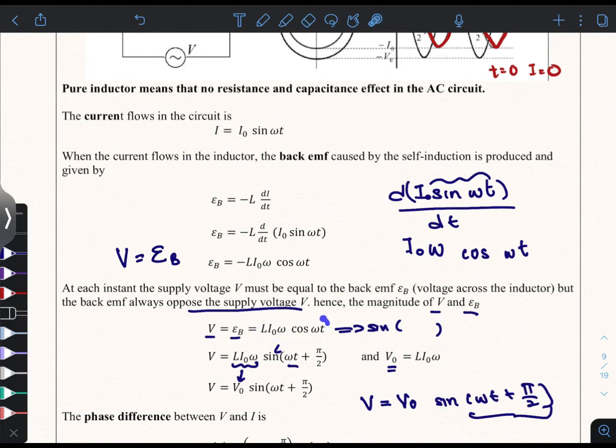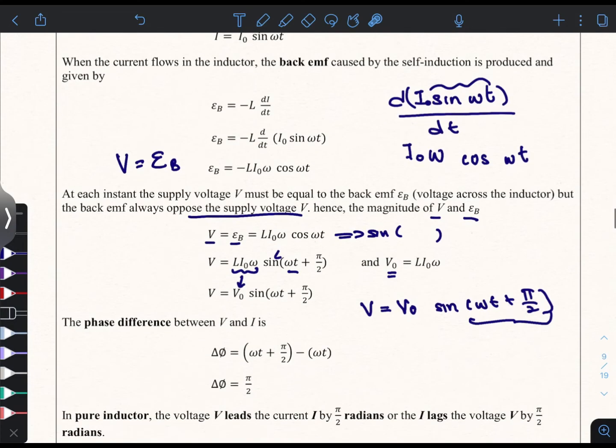Kita tukar cos pergi in terms of sine sebab kita nak guna trigonometry yang sama dengan current tadi. The only reason is that we are going to find the phase difference. If you still remember, I mentioned when we studied pure resistance and pure capacitor, untuk cari phase difference, nak cari perbezaan phase.